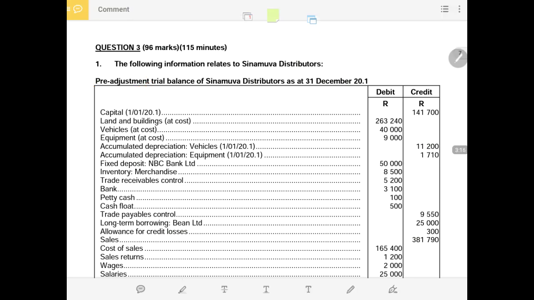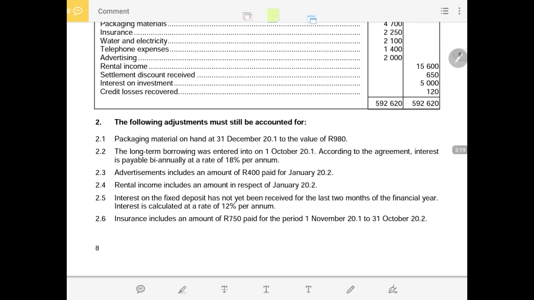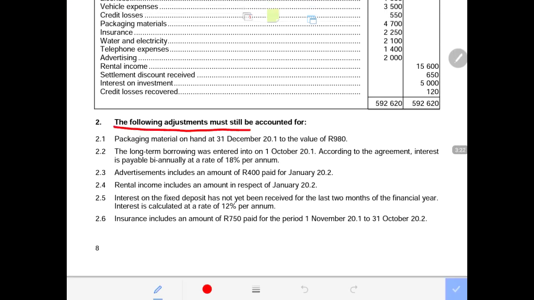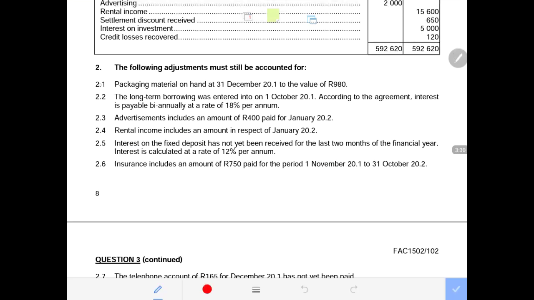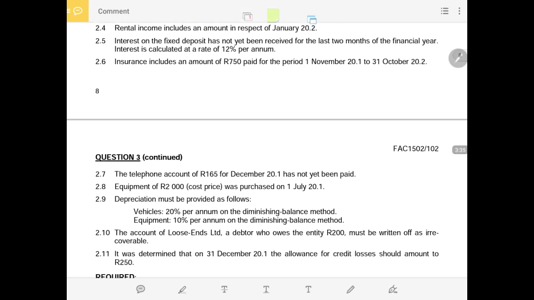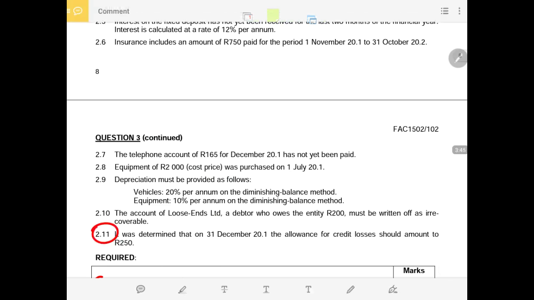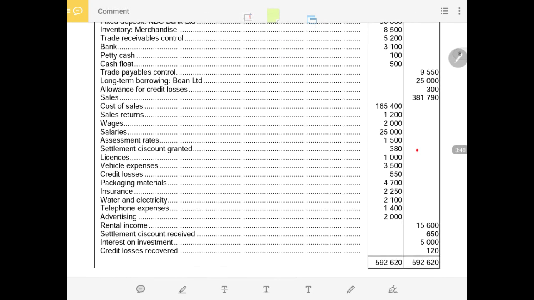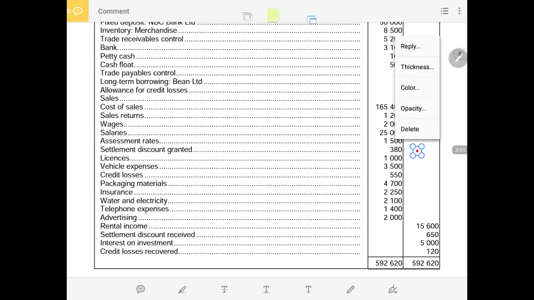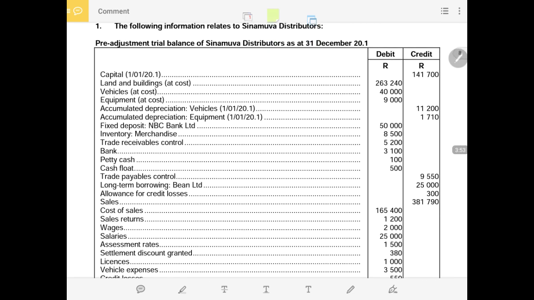So that means all the adjustments that we have at the bottom here, which is the following adjustments, or sometimes this will be called additional information, that means the adjustments from adjustment 2.1 up until adjustment 2.11, all these adjustments have not yet been taken into account in the financial statements that we have. That is why we need to adjust our trial balance, and we'll have to add some of the amounts, deduct some of the amounts based on the adjustments.